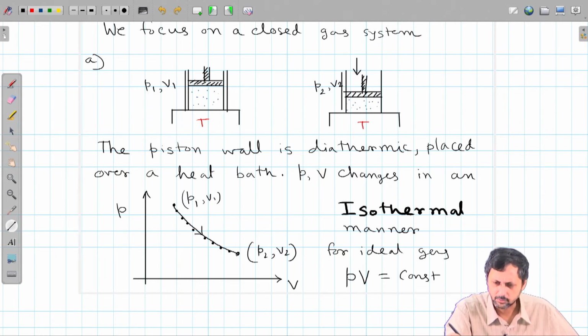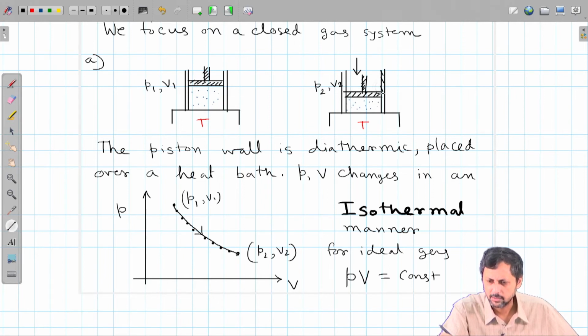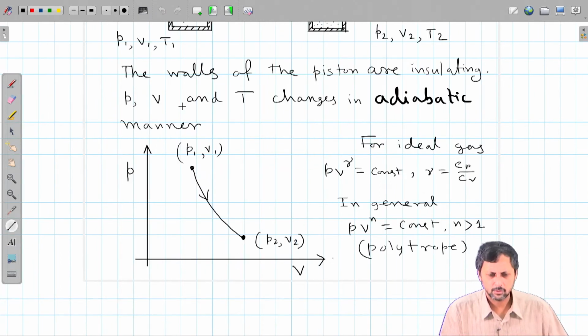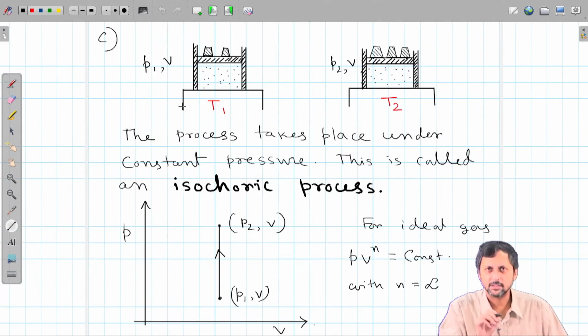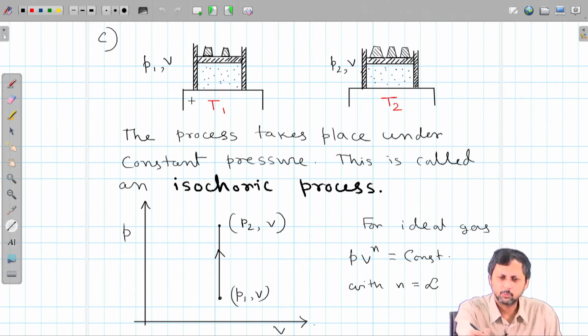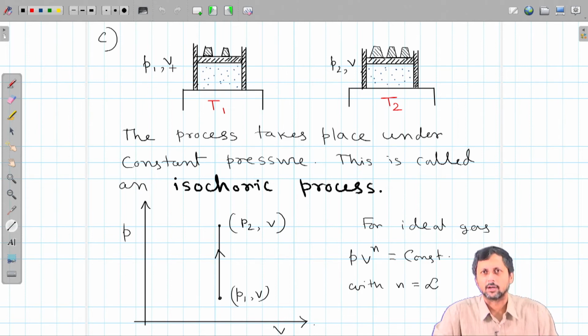So we should have a completely isolated side and a diathermic bottom. I hope you understand this. In this case also the same picture, but now with these two weights we are putting it at a pressure P1.